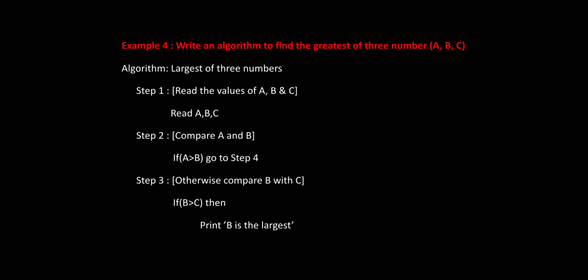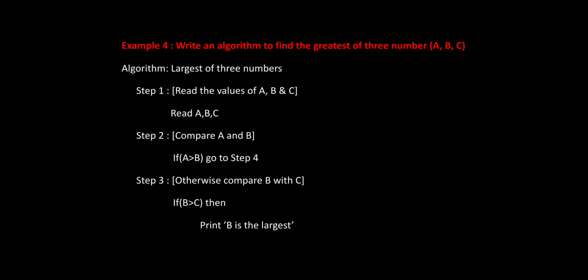Another example is there, that is the fourth example. Write an algorithm to find the greatest of three numbers, that is A, B, C. Greatest of three numbers means first we have to take three variables to store the three values.